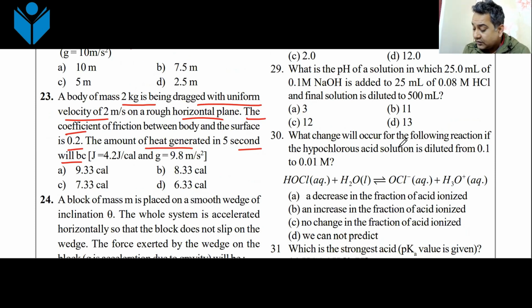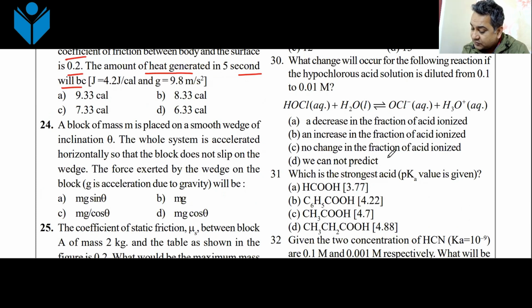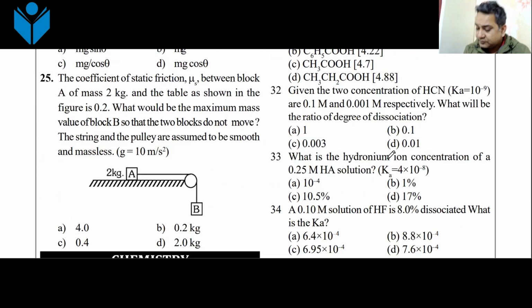Okay. Any other question? This one, question number 25. We can only discuss questions which are conceptual. I can tell you the concept of that question, and if you do a calculation mistake, well, you have to live with it. The coefficient of static friction between the block of mass 2 kg and the table is 0.2.